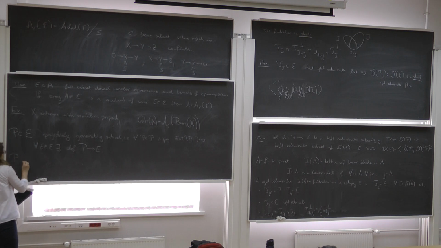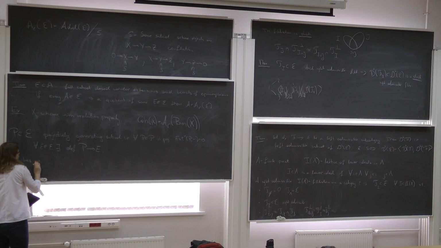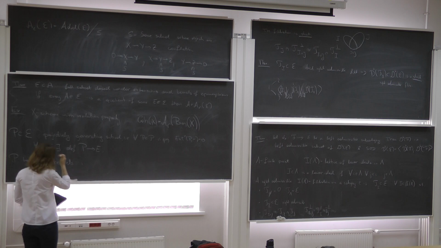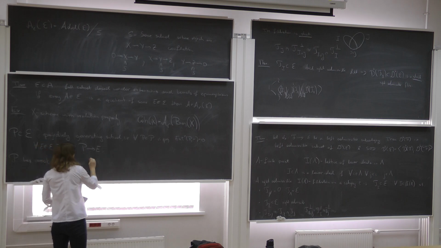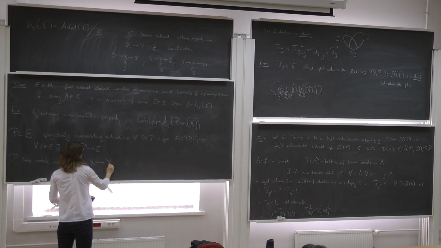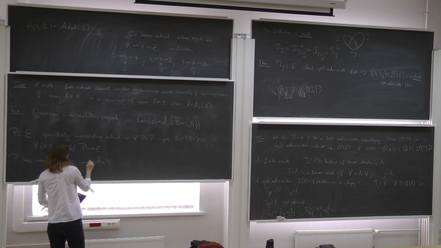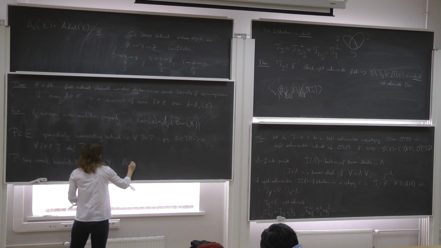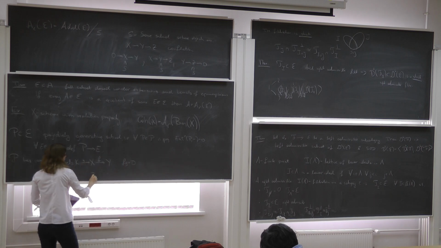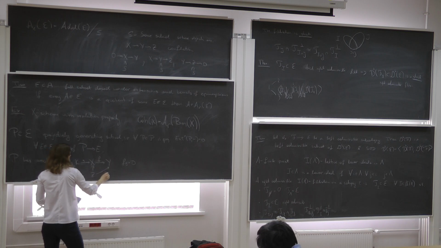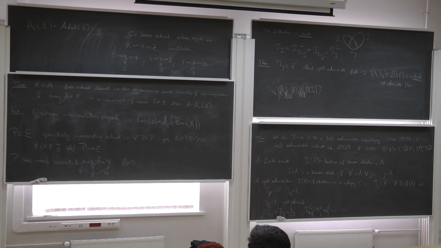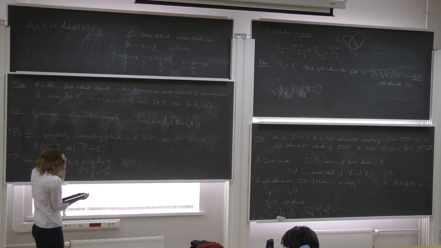What it means is that for any morphism X to Y, there exists some morphism G such that the composition is 0, and whenever there is a map such that the composition is 0, there exists a lift, but it does not have to be unique. So this is the definition of a weak kernel.